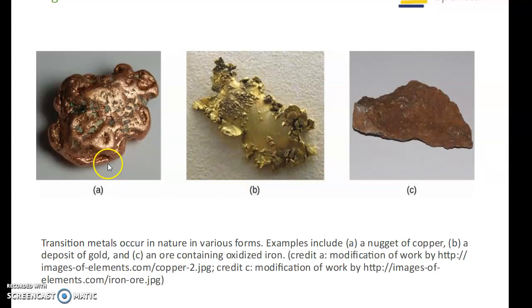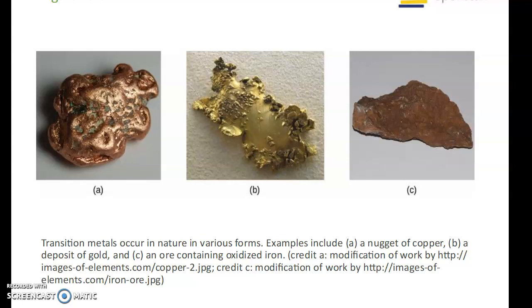This is a nugget of copper. This is gold right here. And this is iron. Iron is the 4th most common element in the Earth's crust. Copper is all the way down at 26.